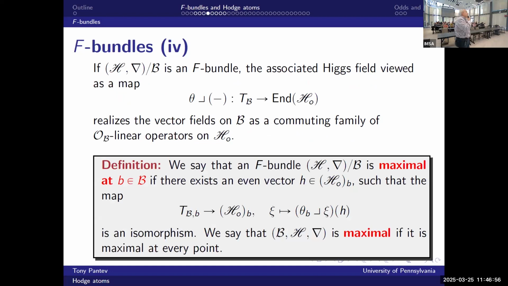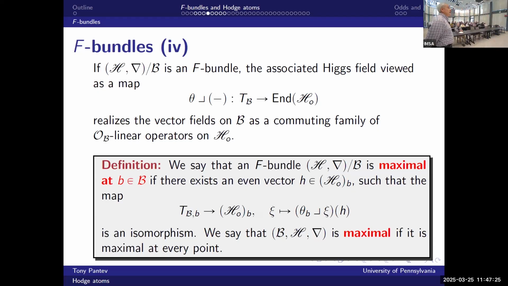Okay. Now, if you have one of these F bundles, then you can view the Higgs field as a map from the tangent bundle of the supermanifold to the endomorphisms of the vector bundle. So it realizes all vector fields on B as a family of commuting endomorphisms of H0.